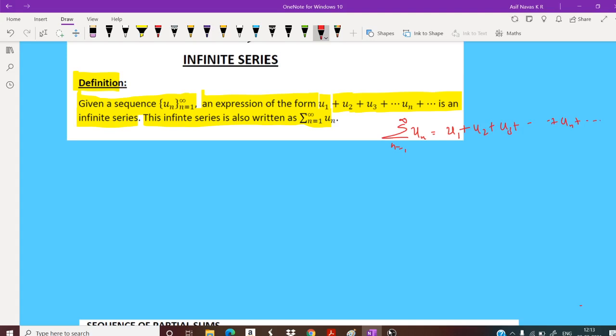Now, for example, if I have the series sigma n equal to 1 to infinity 1 by n square, actually this is 1 plus 1 by 2 square plus 1 by 3 square plus etc., 1 by n square plus etc. This is an example of a series.